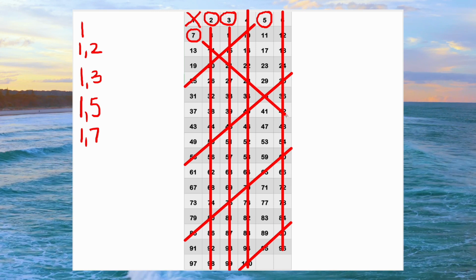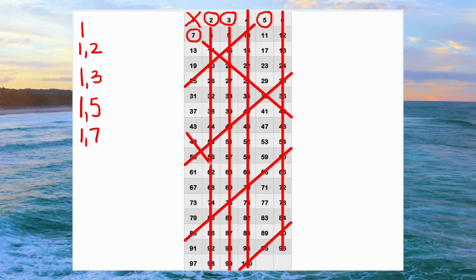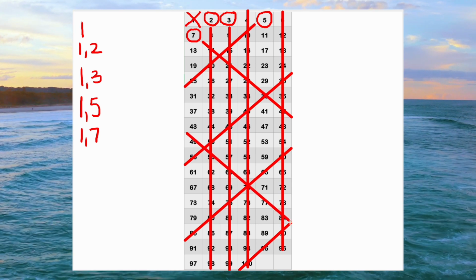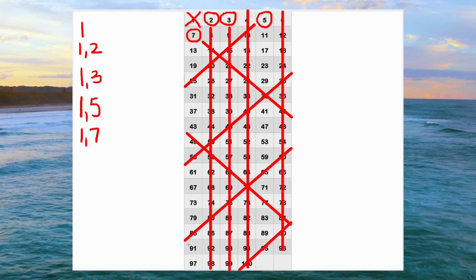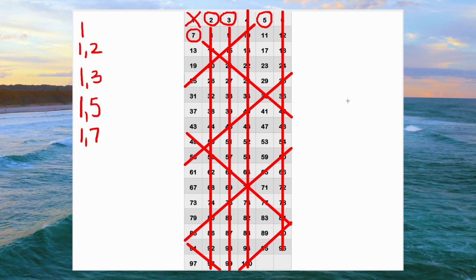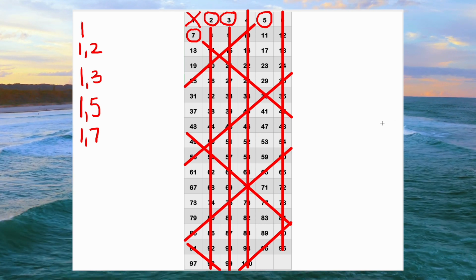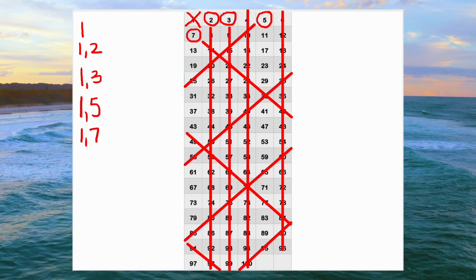We have 14, 21, 28, 35, 42, and 49, 56, 63, 70, 77, 84, and then 91, 98. Now that we've sieved out all the composite numbers, we are left with all the prime numbers. So here we have the remaining numbers.